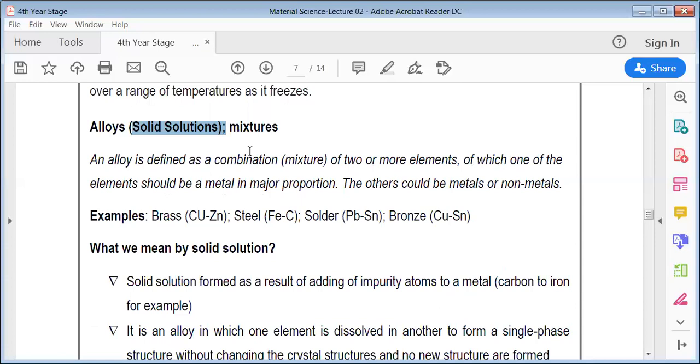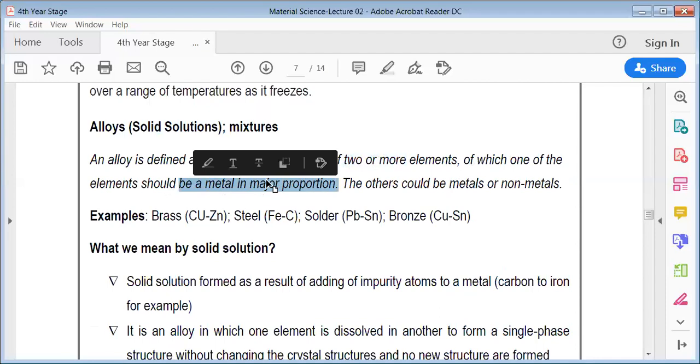So an alloy is defined as a homogeneous mixture of two or more elements, of which one should be a metal in major proportion. Of course, when you say mixture, it must be at least two. That's the definition of alloy.